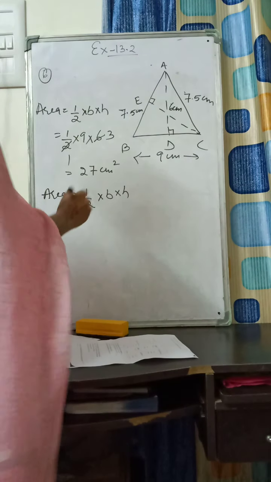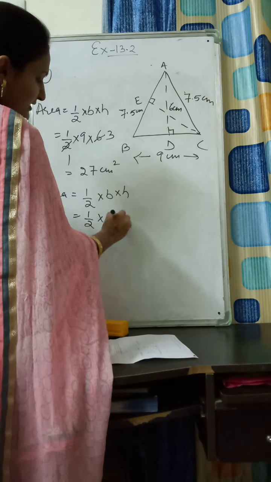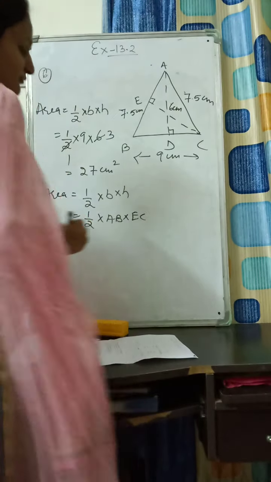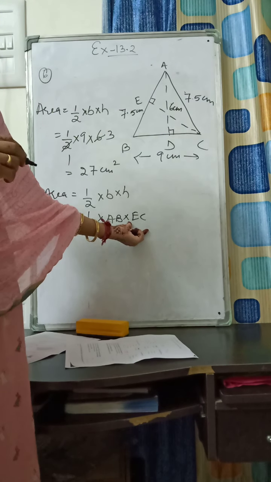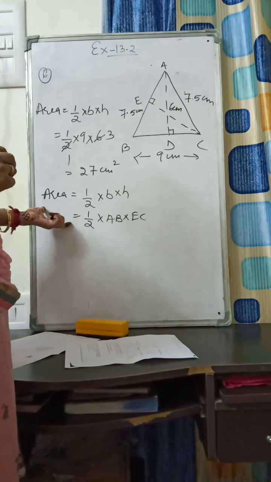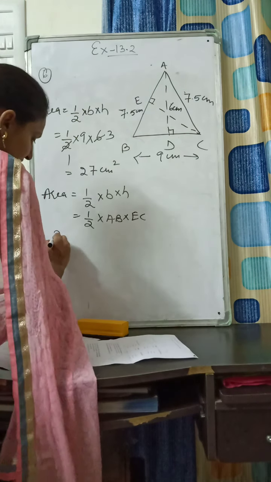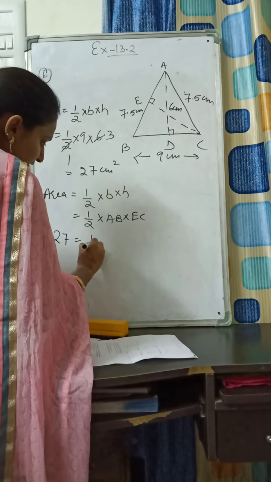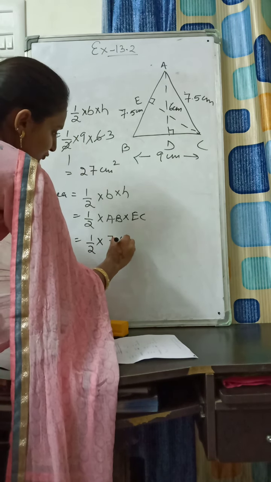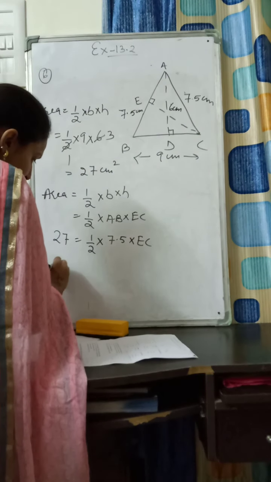But in this case we will take the base as AB and the height as EC. So we have to find the value of EC, and the value of AB is given, and we know that the area of the triangle is 27. So we can write, let 27 equals to half into AB, that is 7.5 into EC.